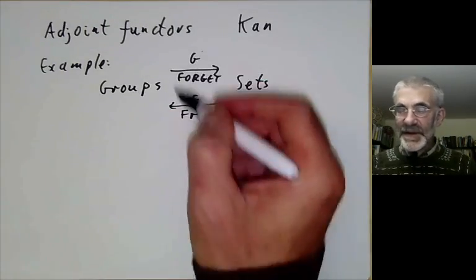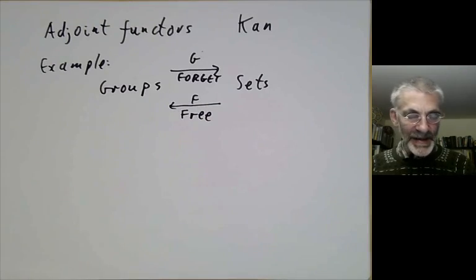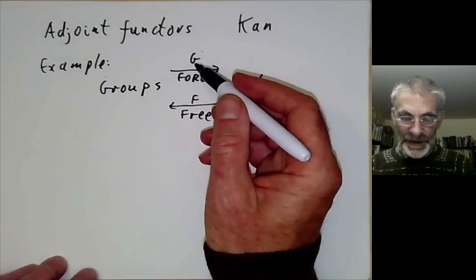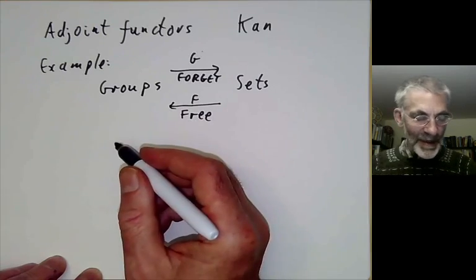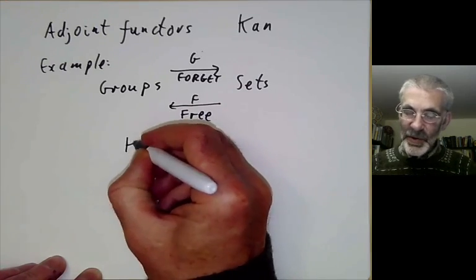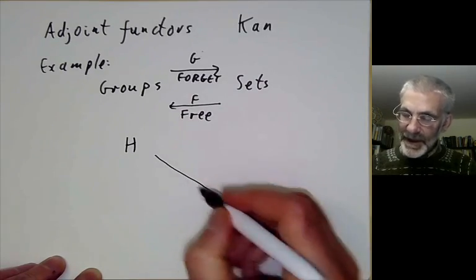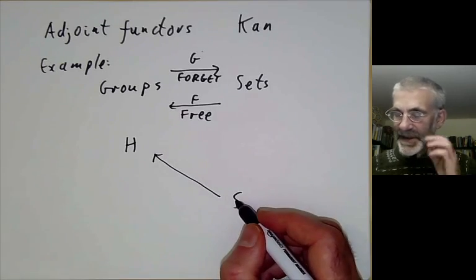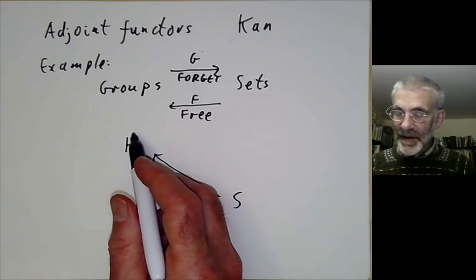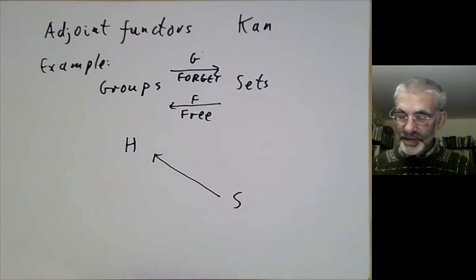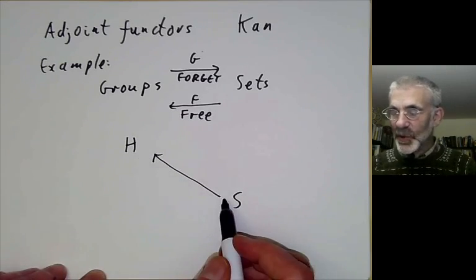And these functors are certainly not inverses of each other in any sense. What they are is adjoints of each other. To understand what this means, let's pick a group H and a set S, and let's think about maps from the set S to the underlying set of H. This can be described in two ways.